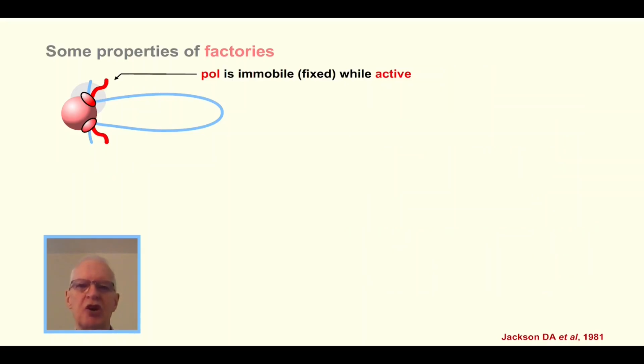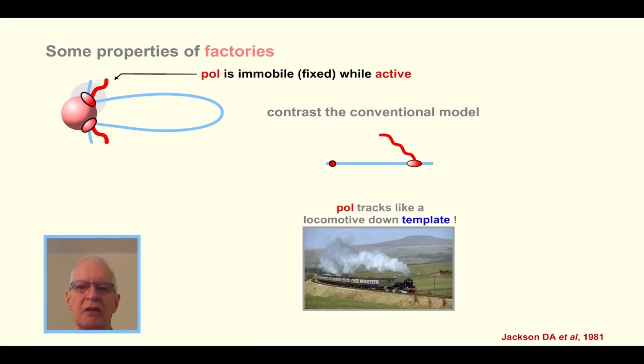Now, a central feature of our model is that the polymerase is transiently immobilized whilst it is active. And it is this feature that has prevented acceptance of our model, because we were all taught, and therefore know to be true, that a polymerase binds to a promoter and then tracks along the template like a locomotive.